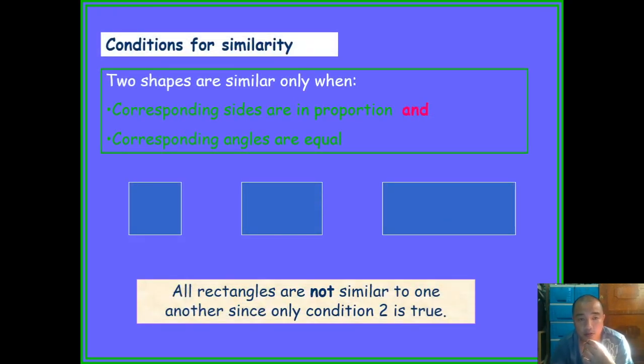As I was saying, two shapes are similar only when corresponding sides are in proportion and corresponding angles are equal. All rectangles are not similar to one another since only condition 2 is true. All angles are congruent, 90 degrees, but the sides are not in proportion. So these three shapes here are not similar.